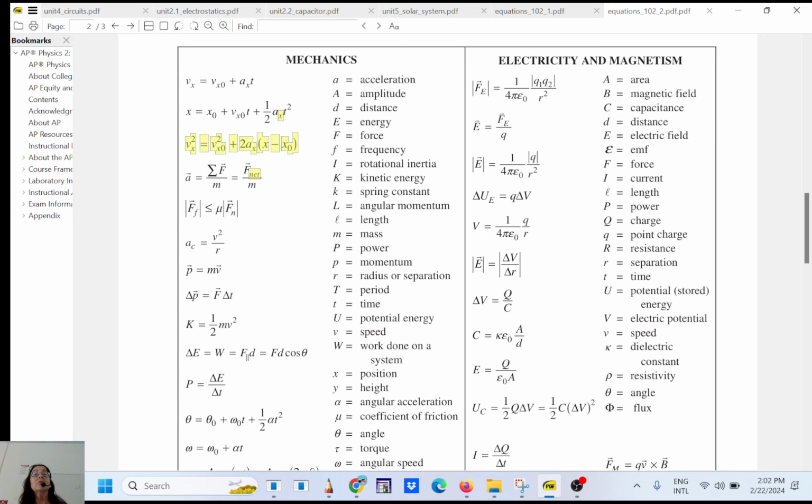You see here the electric force between two charges. That equation is telling you something. It's telling you that the electric force between two charges is proportional to the product of the charges.